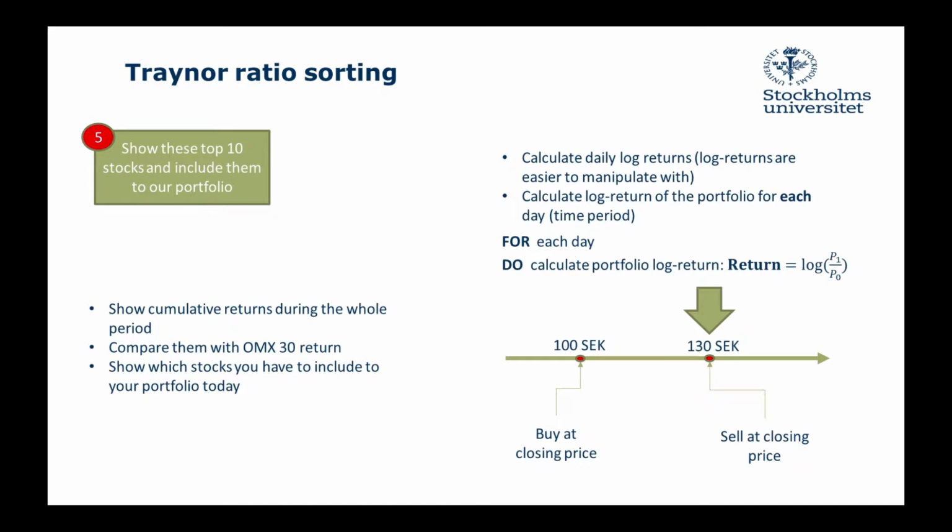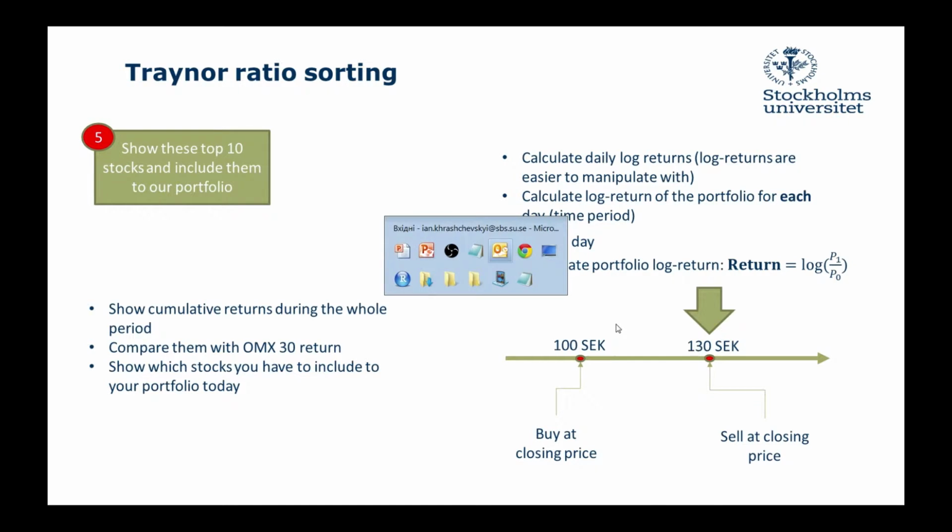In this sense, we're also creating a portfolio once again, because we're getting rid of some stocks and maybe buying some new ones. But at the same time, the return we're going to have here is going to be the return of the portfolio we created in the previous time period. We're going to use it when we're going to do the calculation of the cumulative returns and the portfolio returns.